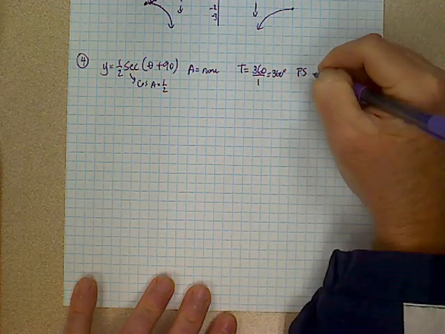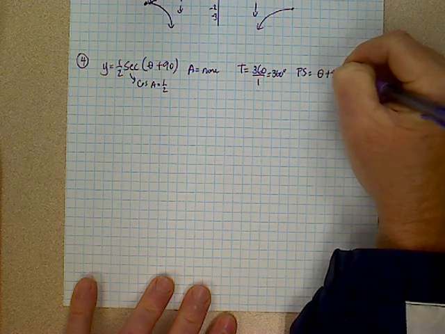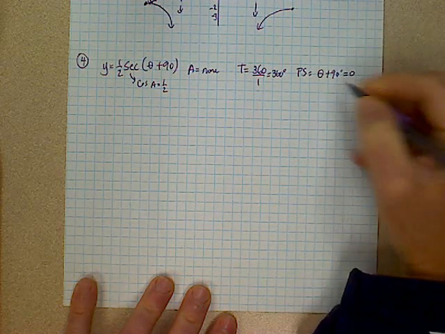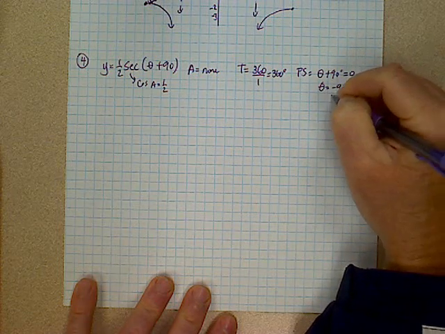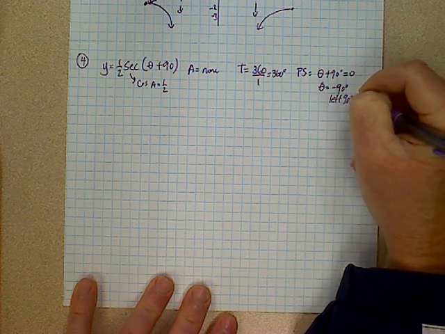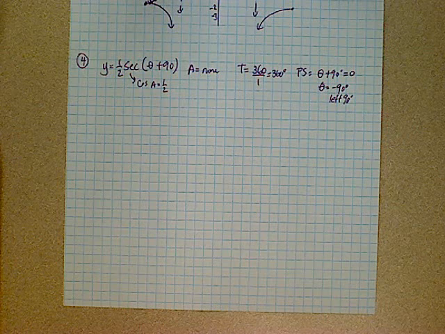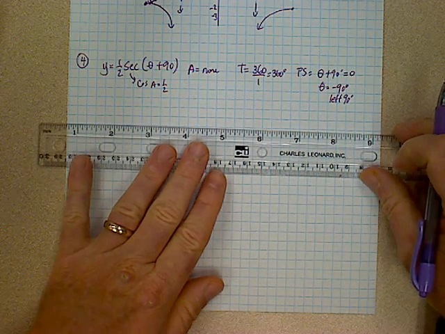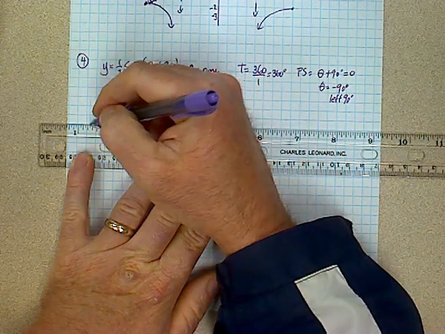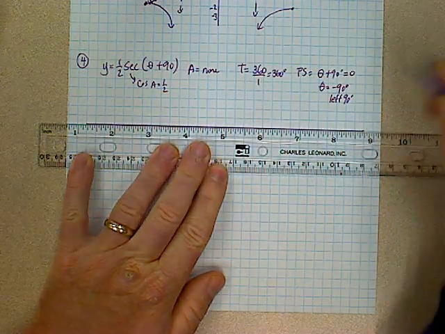So the phase shift is going to be theta plus 90, set equal to 0. Subtract over 90 and theta is going to equal negative 90 degrees. That's left 90. Okay. Well, now from here, we can go ahead and make our axis.